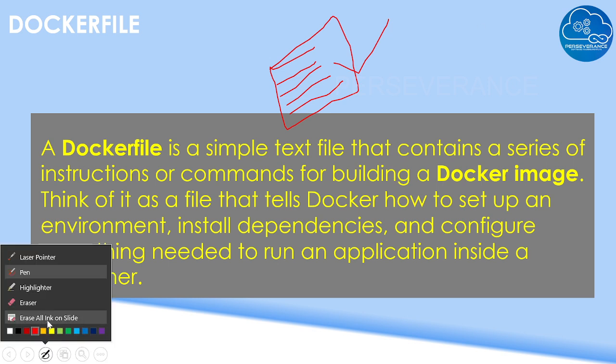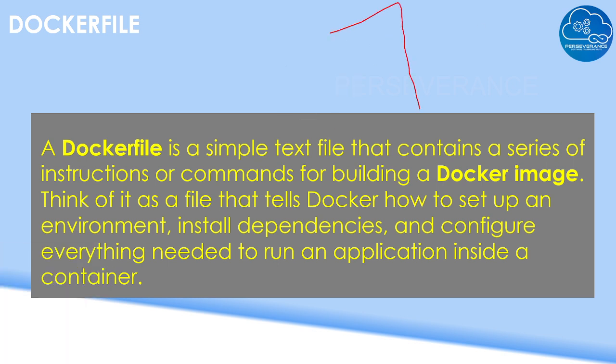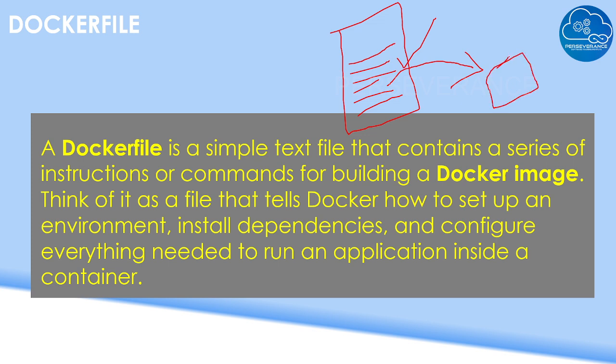Let me brief you again. A Dockerfile is a simple text file where we use base images, on top of which we put our customized requirements like copying our code, building our code, or deploying our artifact. Everything will be there in the image. And once we build this particular Dockerfile, we get an image. That image is nothing but our customized image, as we discussed.